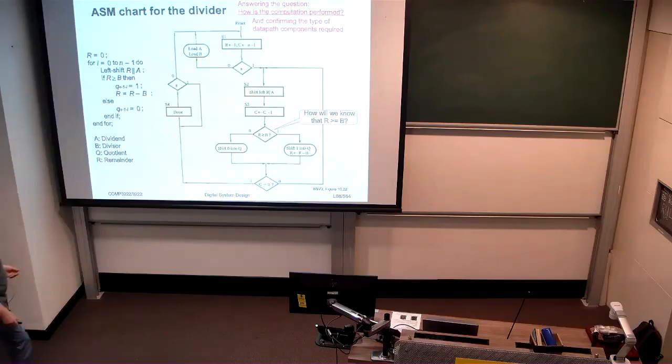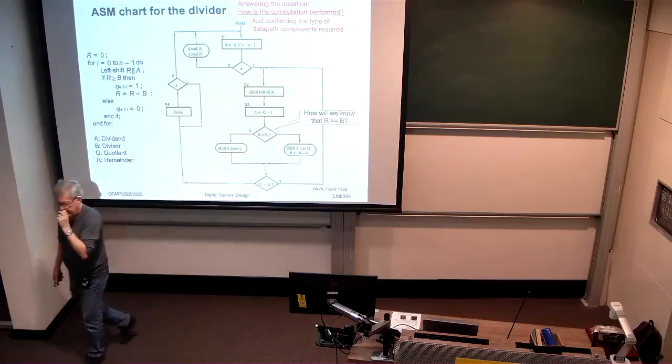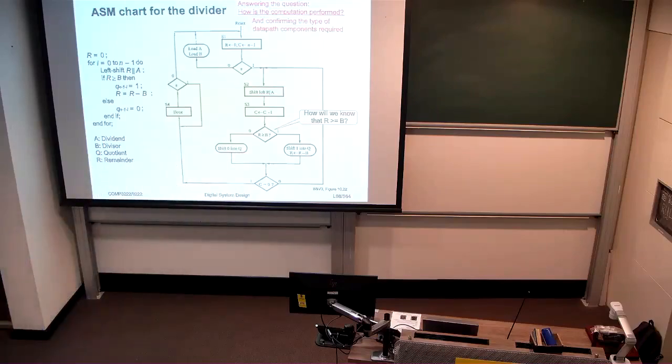One that you might want to think about is, how will we know that R is greater than or equal to B? So if we're doing some sort of binary calculation, how do we know that R is greater than or equal to B?